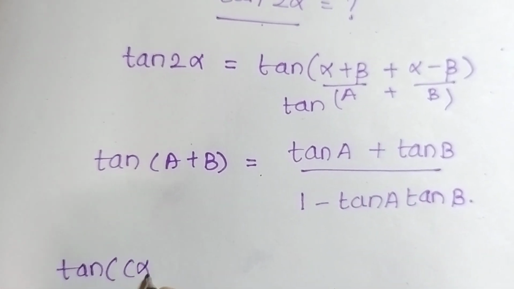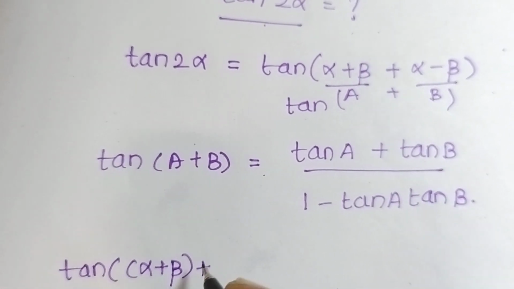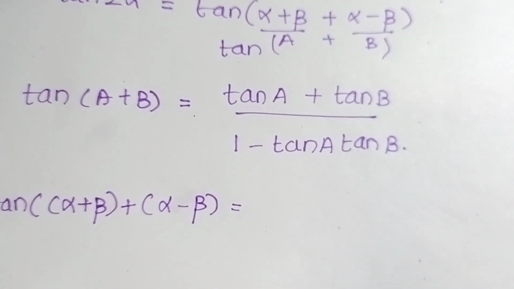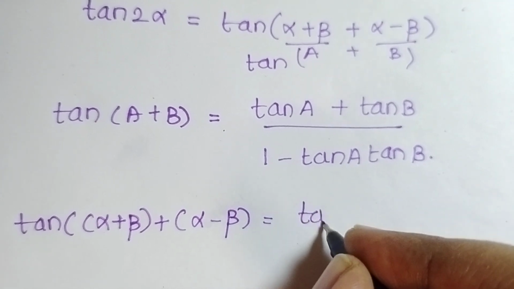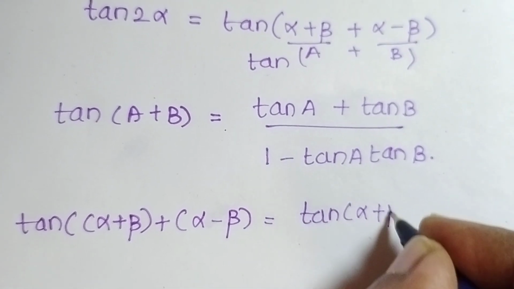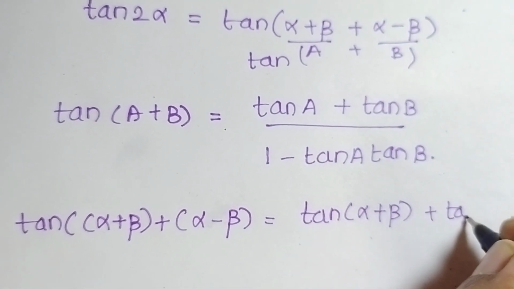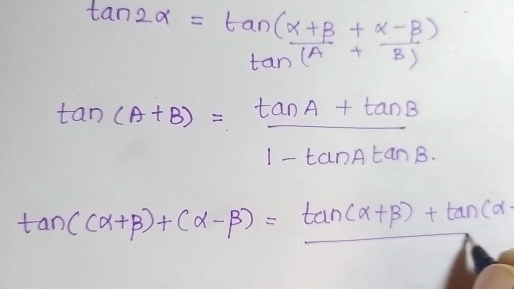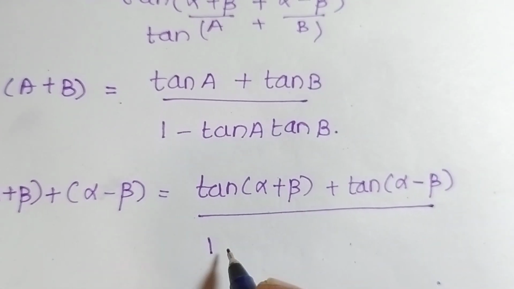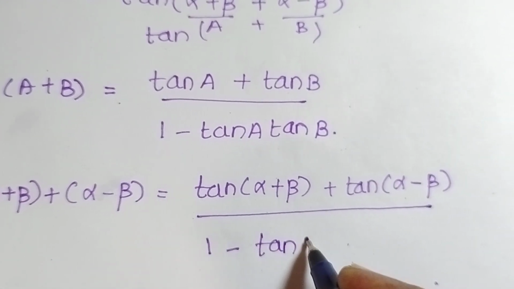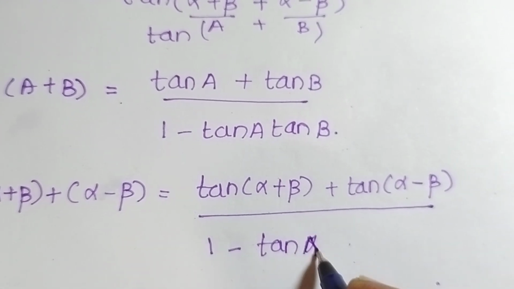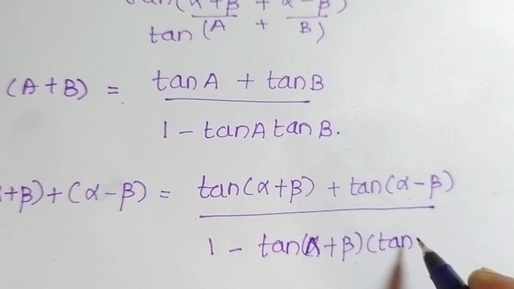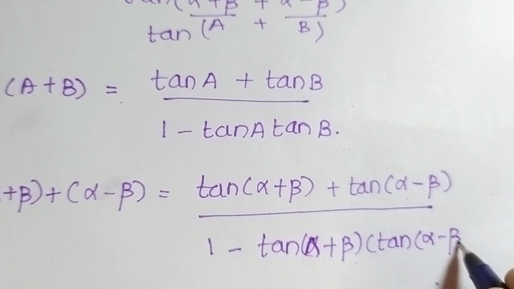Therefore the formula becomes tan of alpha plus beta plus tan of alpha minus beta divided by 1 minus tan of alpha plus beta into tan of alpha minus beta.